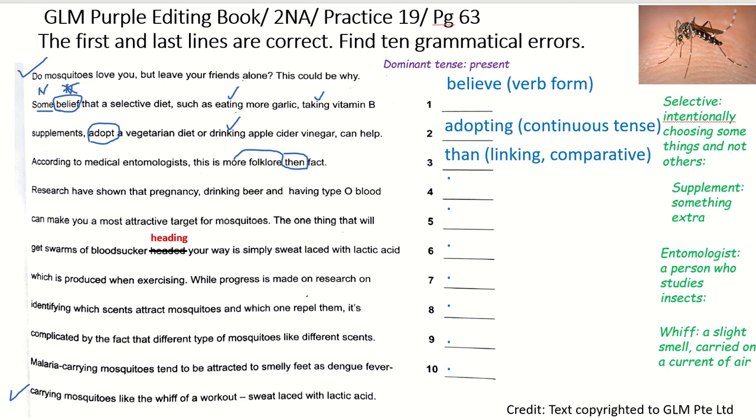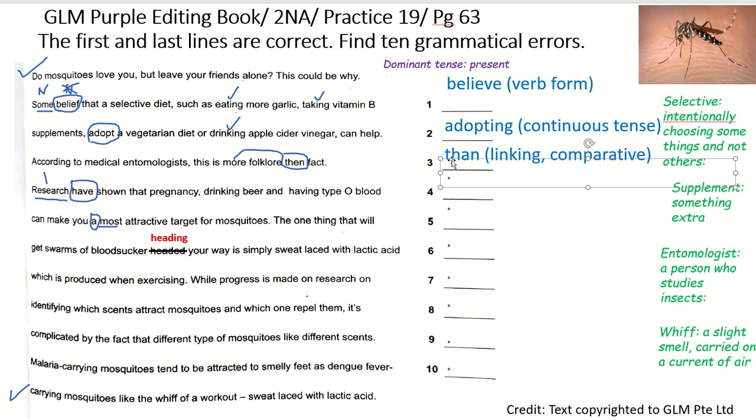Okay. Research have shown that pregnancy, drinking beer, and having type O blood can make you a most attractive target for mosquitoes. So I notice here most. This should not be a. This should be the. Okay. Here, research. Okay, has shown. Okay, this is one. So research has shown.